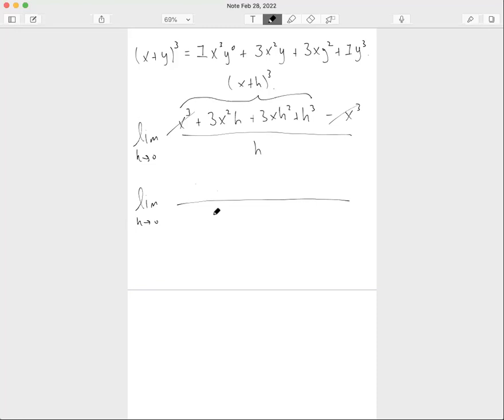So how do you continue solving that? Cancel the h. Right. If you factor out an h in the numerator, now what happens?